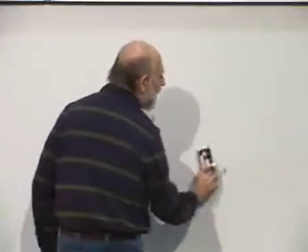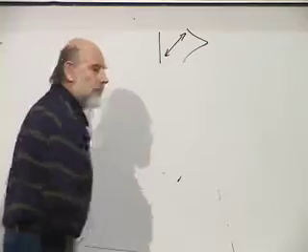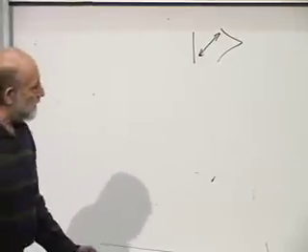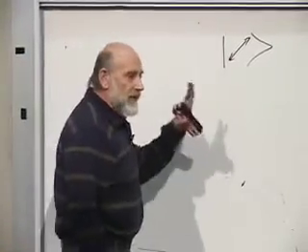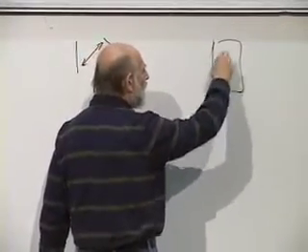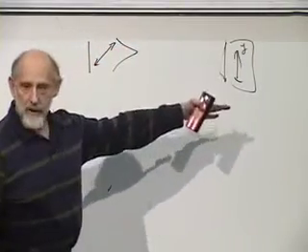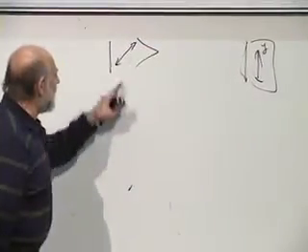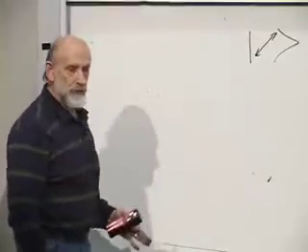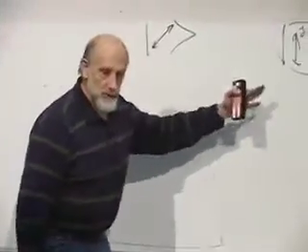I want to know the probability that if I start with 45-degree polarization like that, and then I send it through the Y polarizer, that it goes through to the other side. In other words, what's the probability that this has Y polarization?